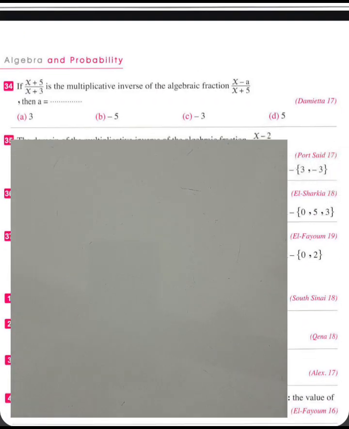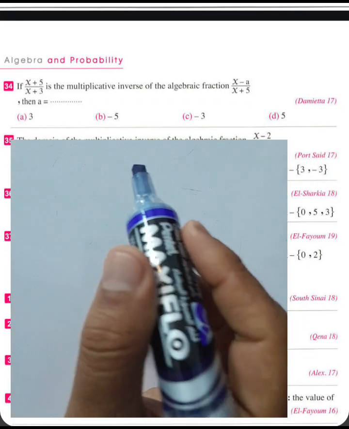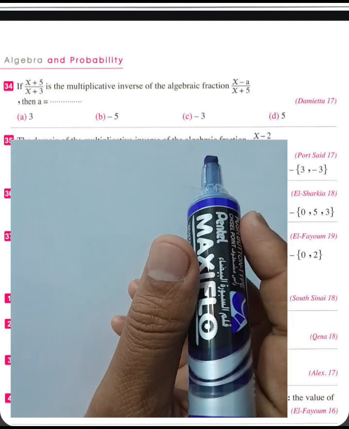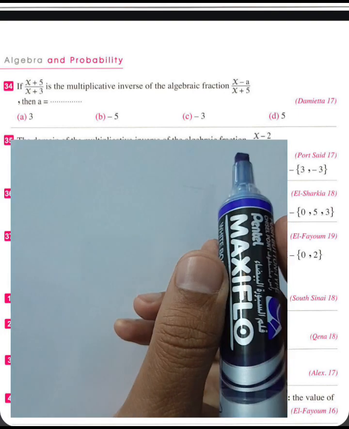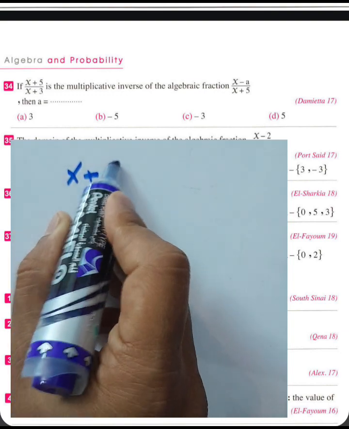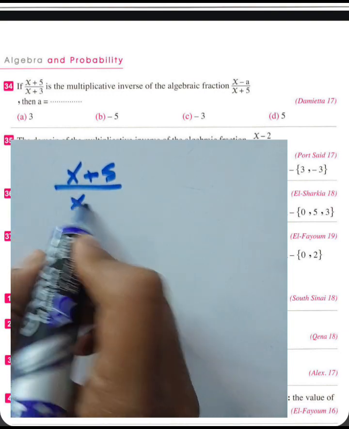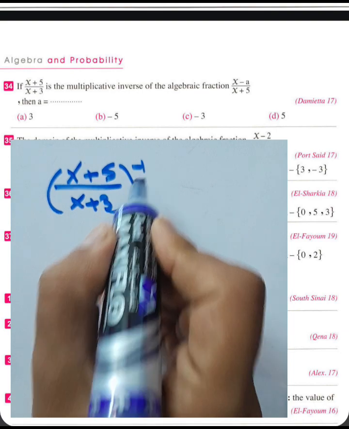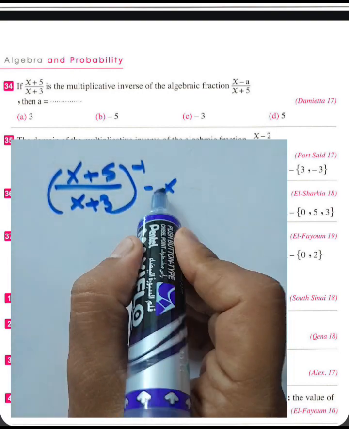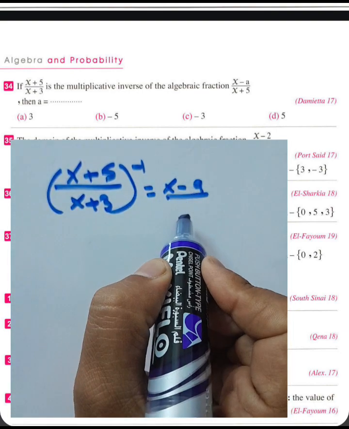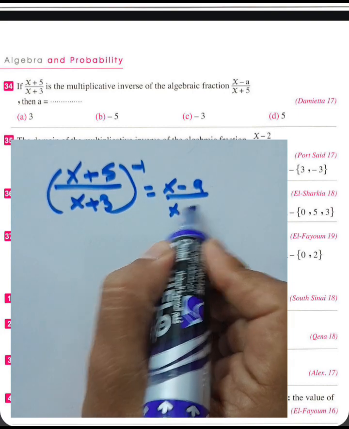If x plus 5 over x plus 3 is the multiplicative inverse of the algebraic function x minus a over x plus 5, it's a multiplicative inverse. It means x plus 5 over x plus 3, the multiplicative inverse of this function, will be x minus a over x plus 5.